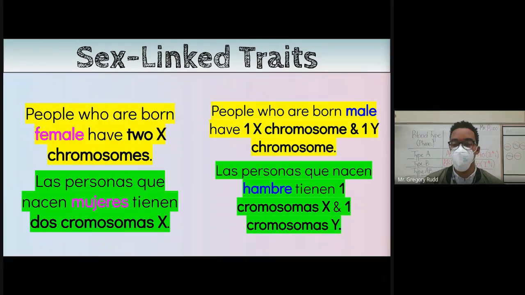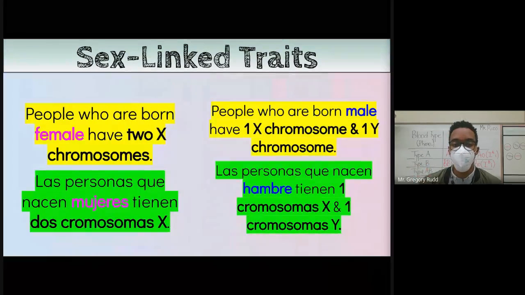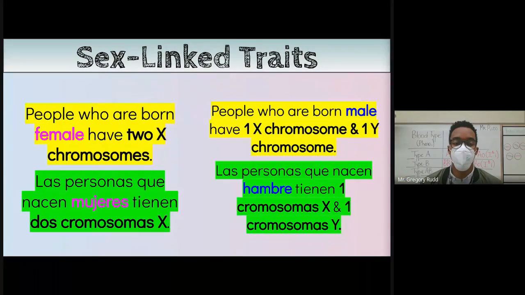So just because, and I'm trying to be intentional with my language here, I'm saying people who are born female. And in fact, you might even say people who are assigned female at birth. But because we're talking about genetics here, I'm choosing to use the language born female, and then also born male. Of course, this does not perfectly correlate with gender.